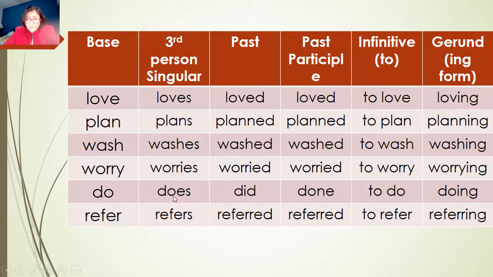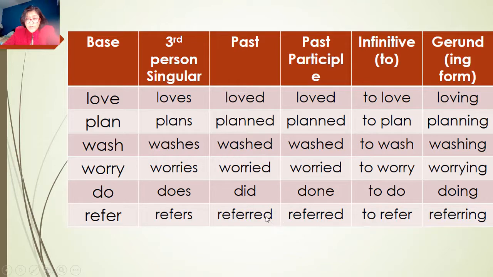We have do, does, did, and again we have an irregular verb. Does, goes, we add es, okay? Otherwise, it would be do-s, not does. So that's why we have es. Okay, do, does, did, done, to do, doing, and refer, refers, referred, to refer, and referring.